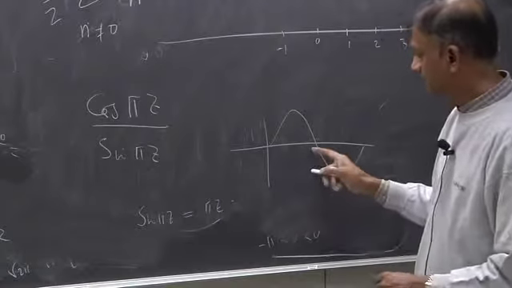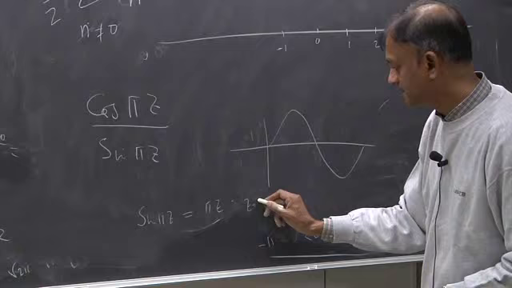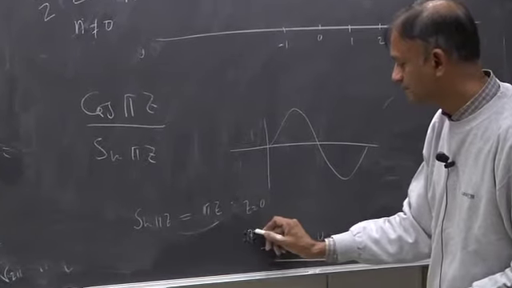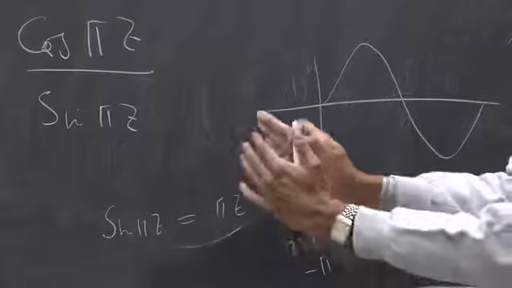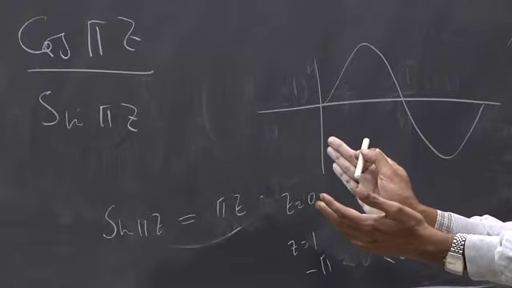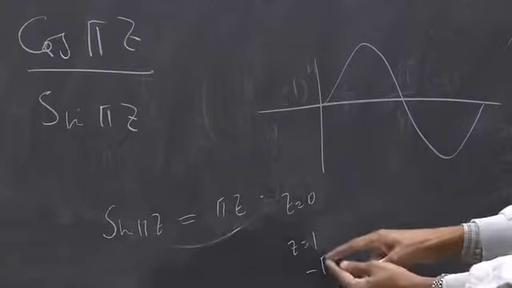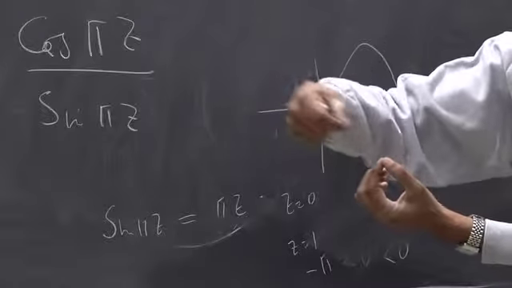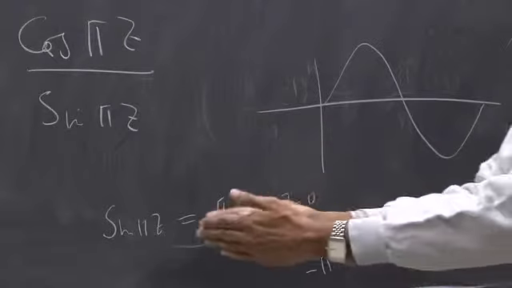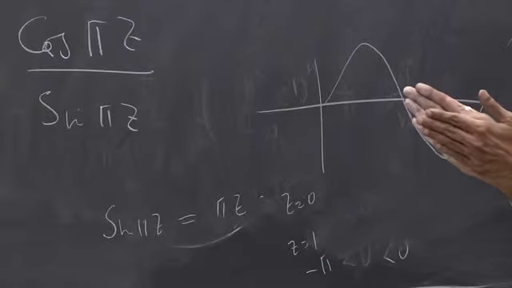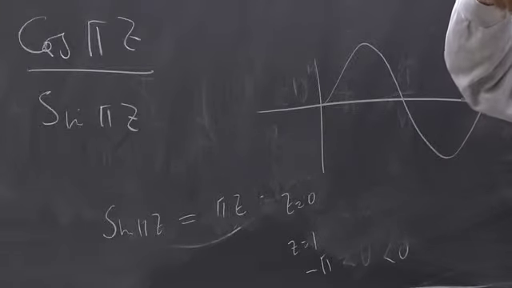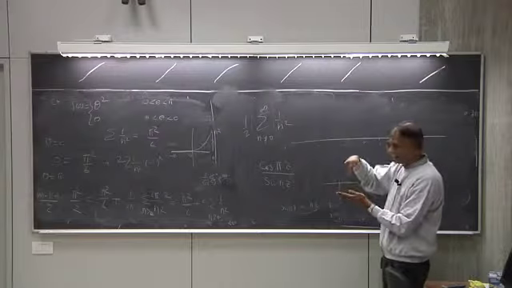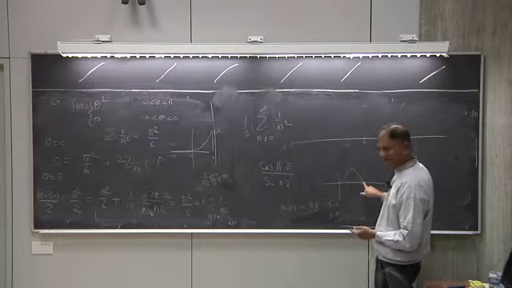That is near z equal to 0. But if I look near z equal to 1, we are looking at sine of pi times 1 plus z. So near z equal to 1, write z as 1 plus z. Then sine of pi plus pi z, but sine of pi plus anything is minus sine, so you'll get an extra minus sign.